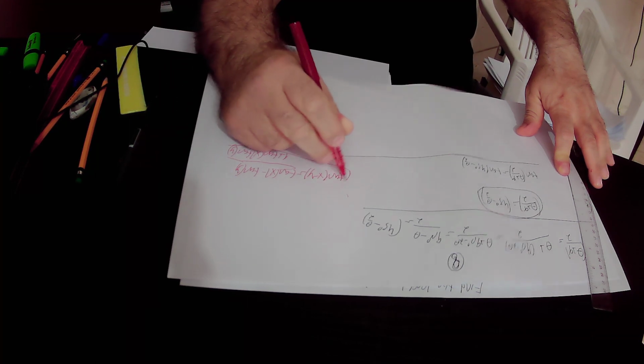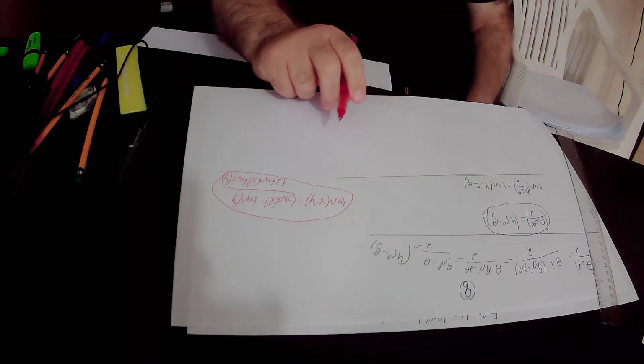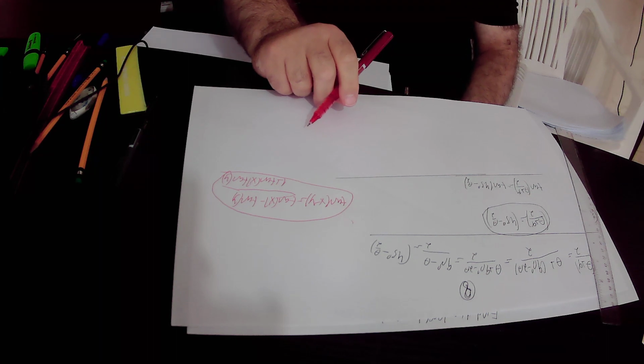So we use this trigonometric identity in order to find out the value of tangent 45 degrees minus theta over 2.